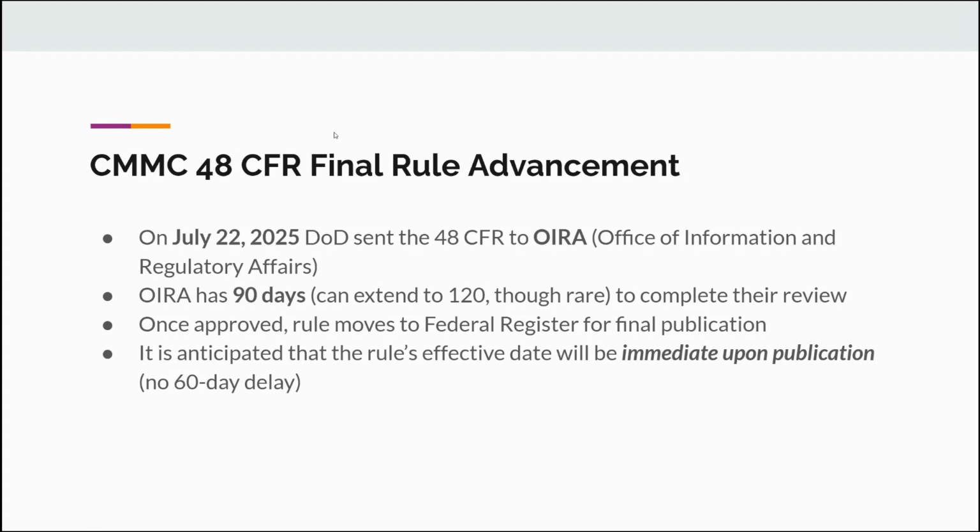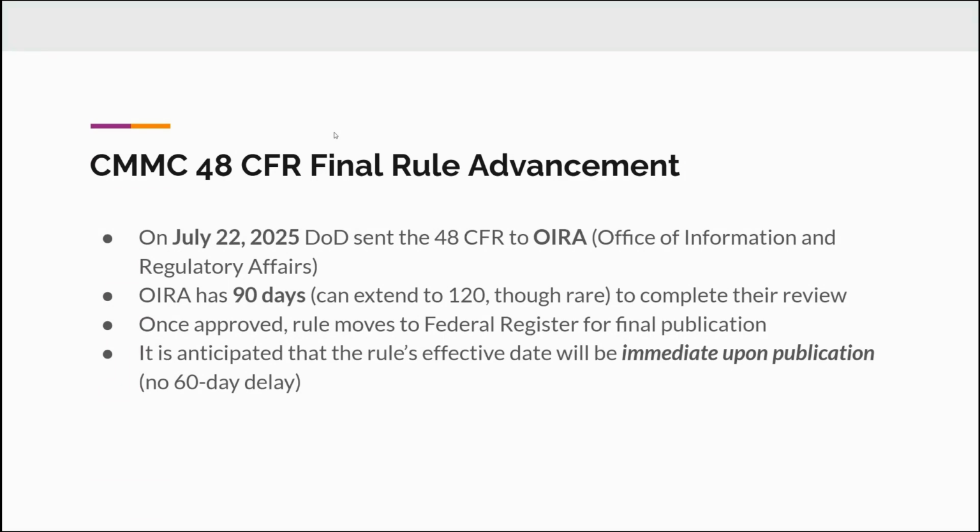There has been some murmurings that they just want to speed it right through and get it done. But 90 days lands us in October, just about, or maybe November, because it takes a couple weeks to show up in the Federal Register. They need to make sure the font and the margins are correct.